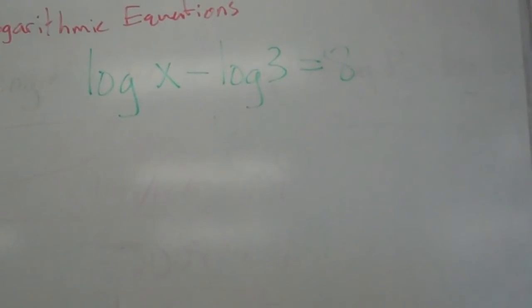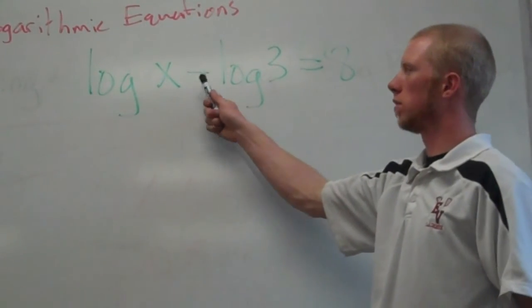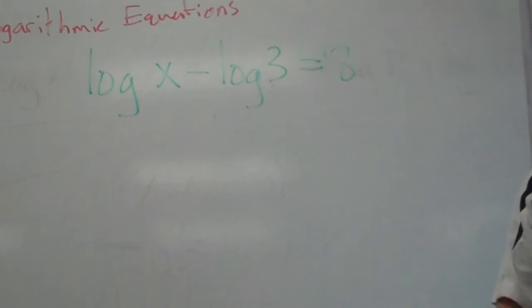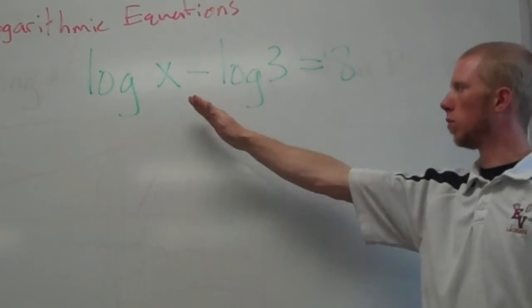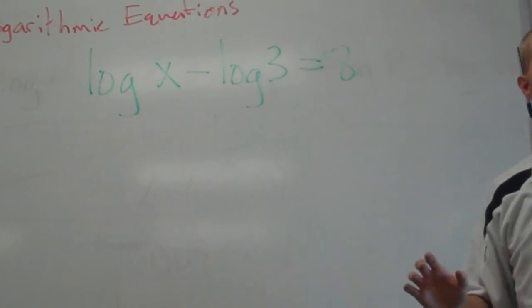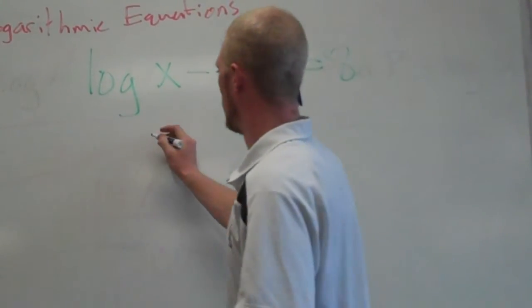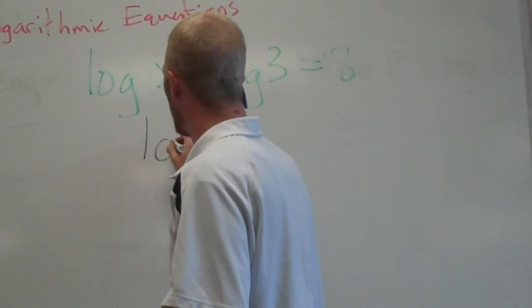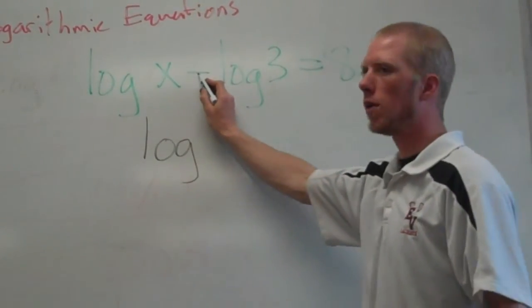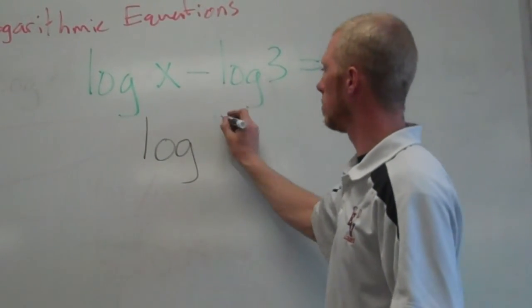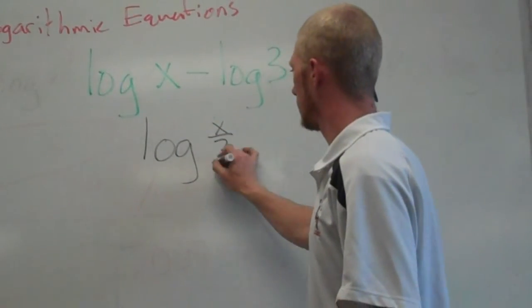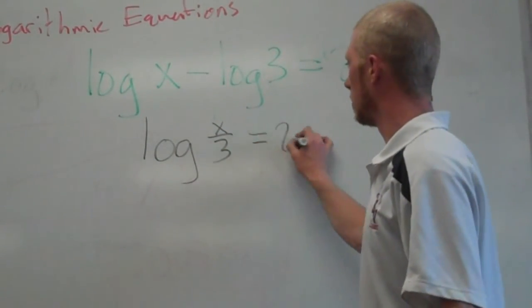We notice that we have subtraction here. Well, we can't just rewrite it in exponential form because we have more than one log. Can we simplify these logs to have only one of them? Well, if I have a minus, I take this and divide by that. So x divided by 3 equals 8.